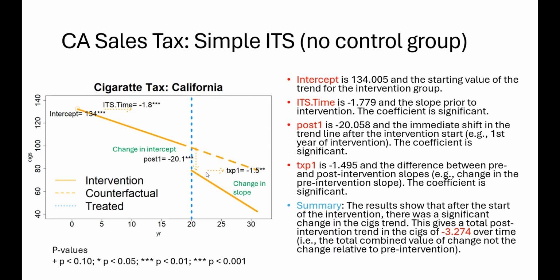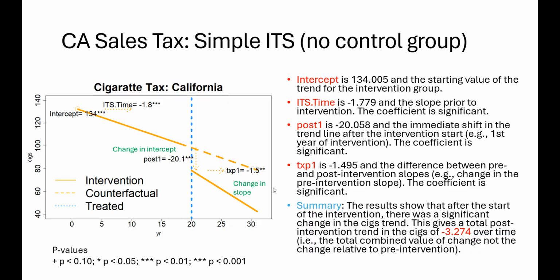So we see that there's a slope for that intervention line before our intervention starts, and it begins at that intercept and goes to about the 19th year. And we see that solid line after the intervention start even becomes steeper. That trend's going downward at a steeper rate. And so we want to know what the difference is in that change in the trends, and that's negative 1.5.